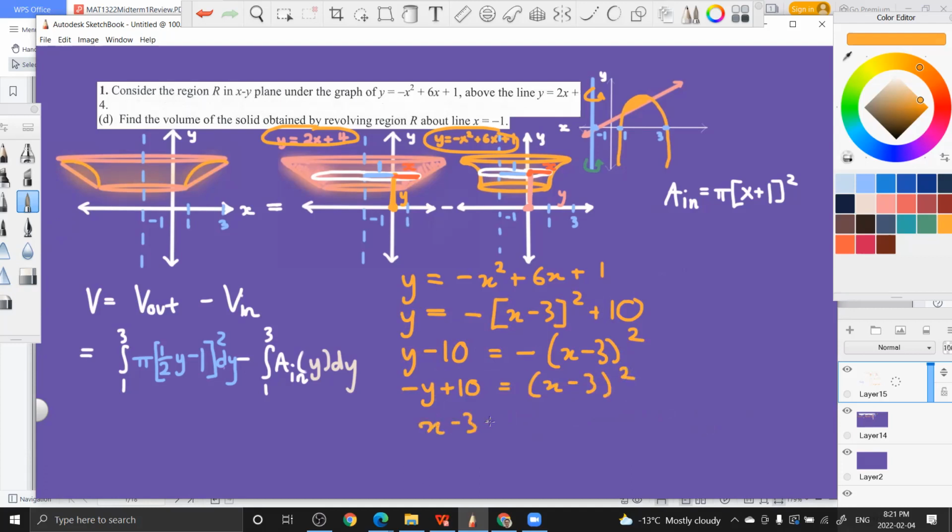So x minus 3 is equal to plus and minus the square root of negative y plus 10. And instead of writing it as minus y plus 10, we can write it as 10 minus y. So finally, x is equal to plus and minus the square root of 10 minus y, plus 3.